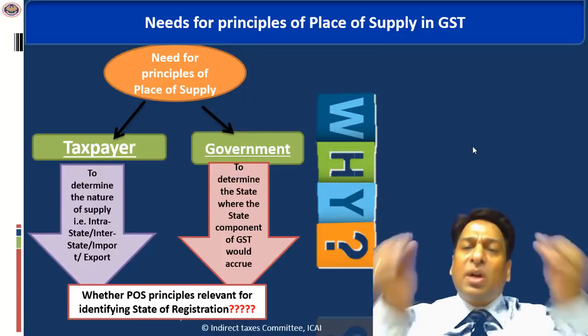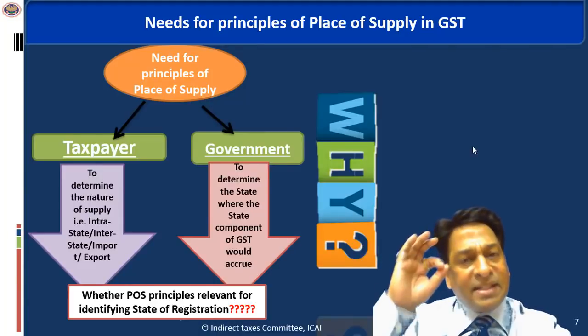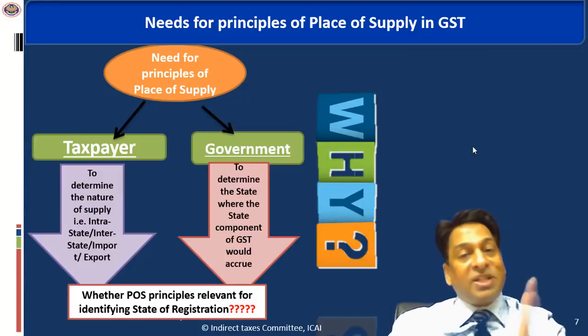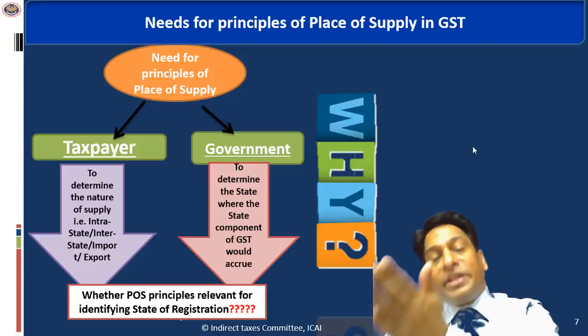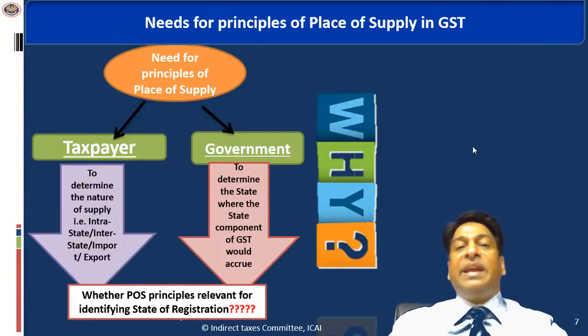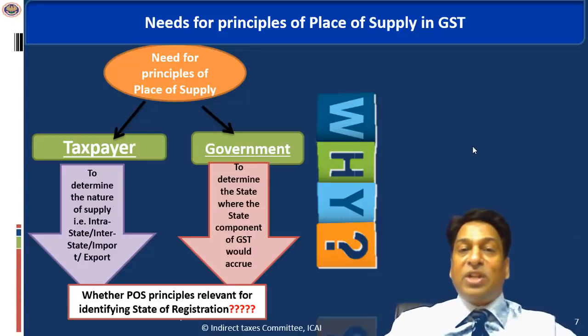Section 22 clearly says we have to take registration in the state from where we are supplying goods or services. So registration is origin based, but the GST component will accrue to the state where it is ultimately consumed. This is the distinction.